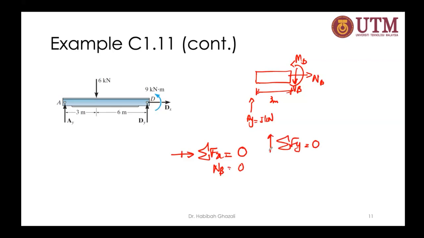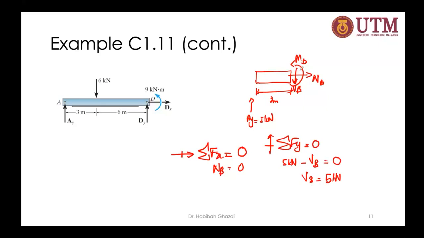I said going up is my positive sign convention. So I have 5 kilonewton, and then going down is the shear force, and that's going to be equals to 0. So shear force equals 5 kilonewton. So this is what that sign convention means, okay?